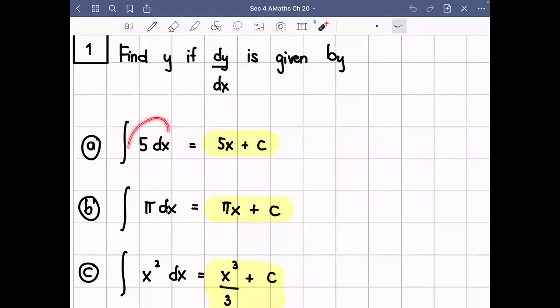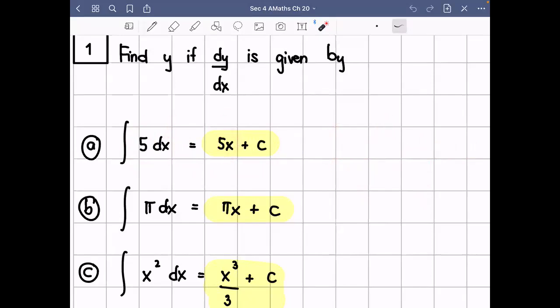Now, if it becomes, let's say, the antiderivative of 5 with respect to z, that is equal to 5z plus c. Again, this is your variable. If it's x, it's x here.